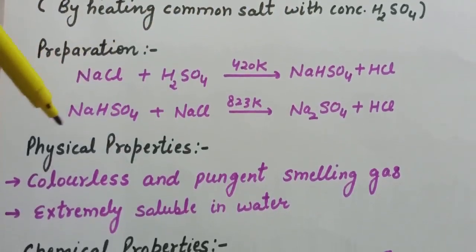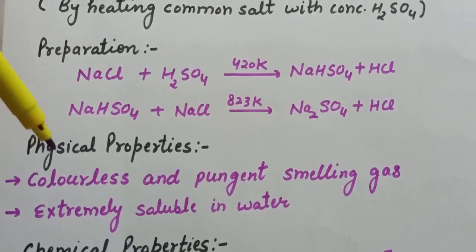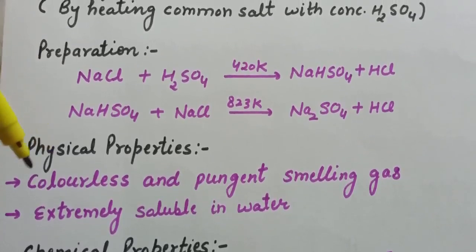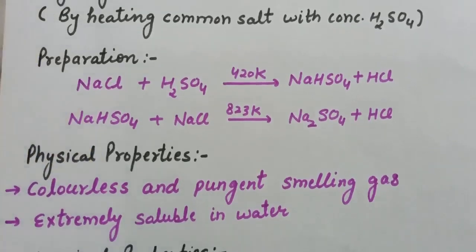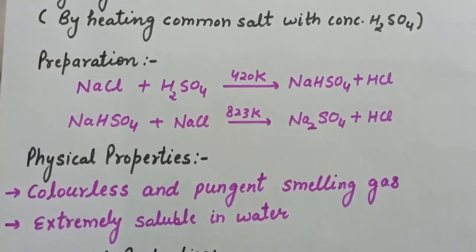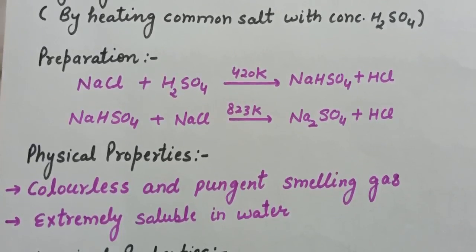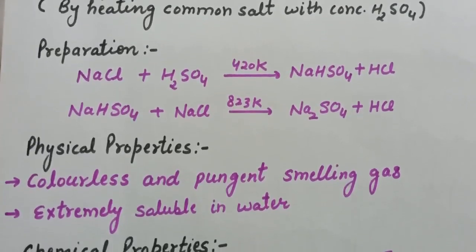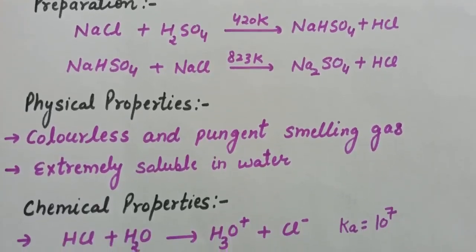Now next is physical properties. Hydrogen chloride is a colorless and pungent smelling gas and is extremely soluble in water. It is also easily liquefied to a colorless liquid and freezes to a white crystalline solid. Now next is chemical properties of hydrogen chloride.